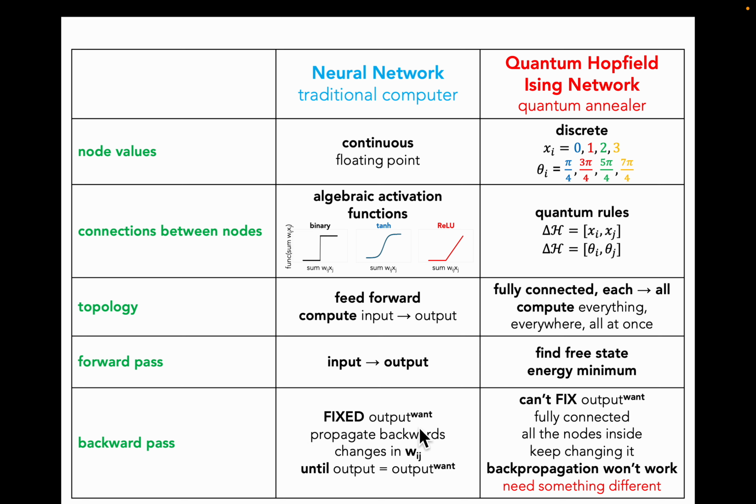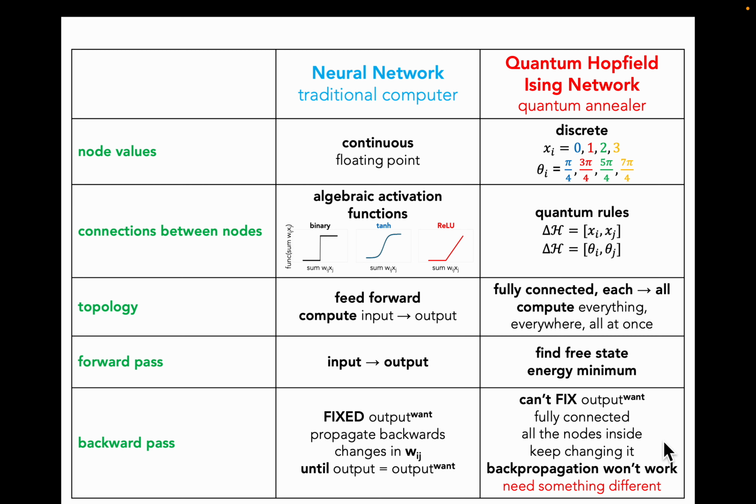So we compare the output we got to the output we want. And now we propagate backwards the changes in the weights until the output equals the output we want. In the quantum network, we can't fix the output we want. Everything is fully connected and everything is running all the time. So we can't just hold it there and work things backwards.